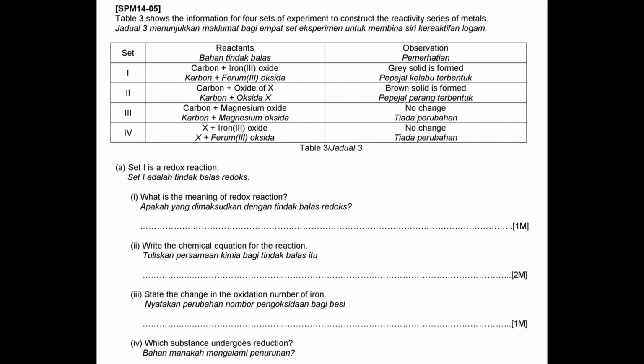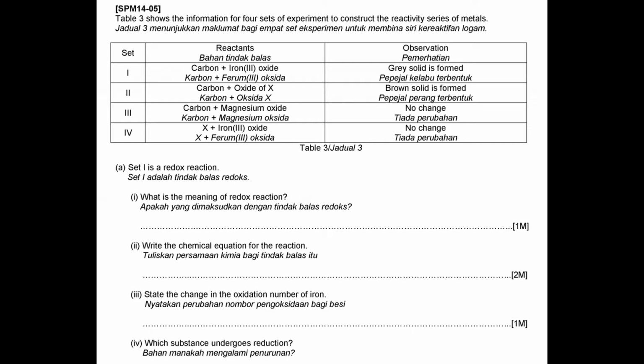The observation is gray solid is formed. For set 2, carbon plus oxide of X, brown solid is formed. Set 3, carbon and magnesium oxide, no change. Set 4, X and iron trioxide, no change.